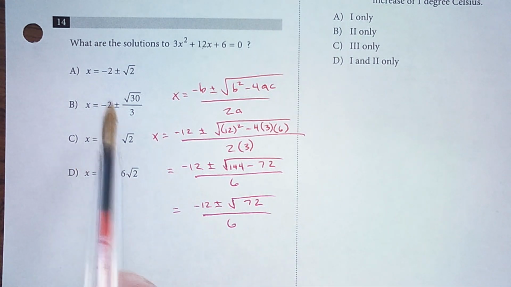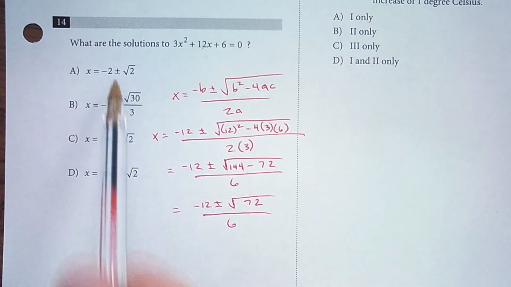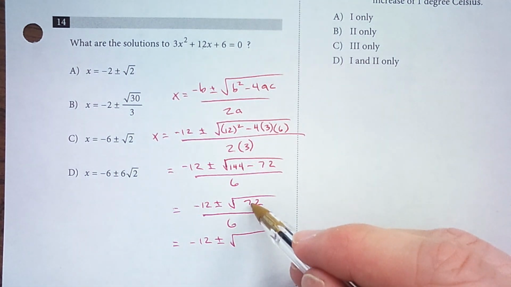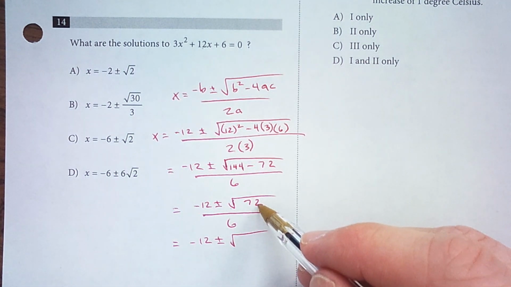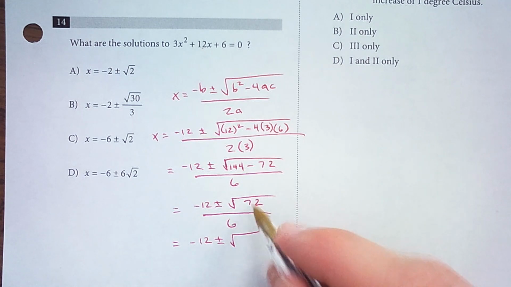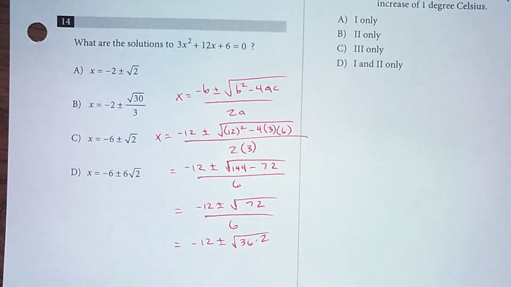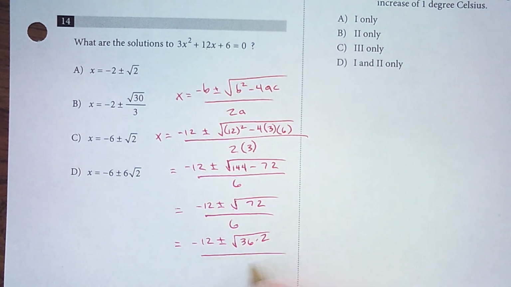Okay, so now we still need to keep simplifying because it doesn't quite match anything here yet. So negative 12 plus or minus the square root of 72. 72 is not a square number, but it's divisible by a square number. 72 is the same as 36 times 2. Okay, so I'll divide then by 6.